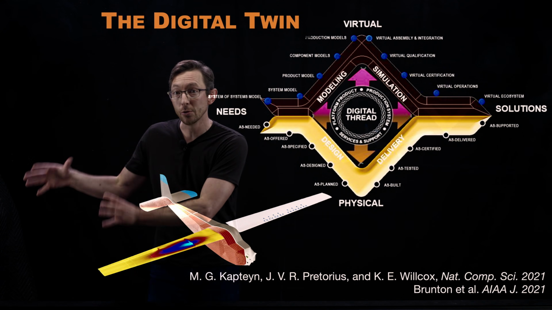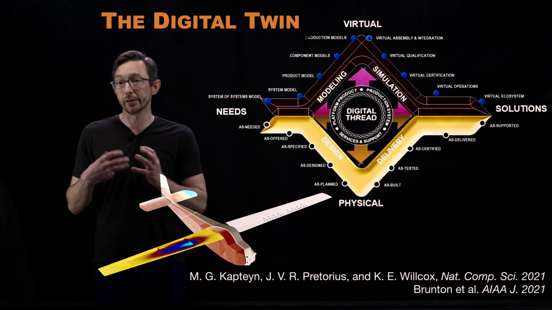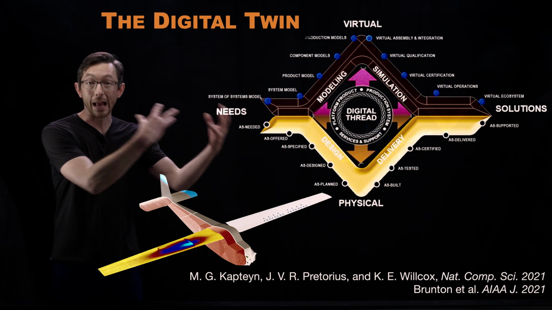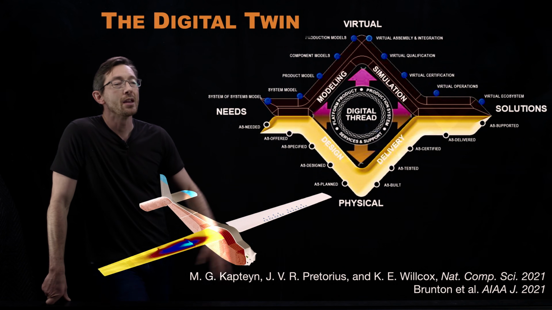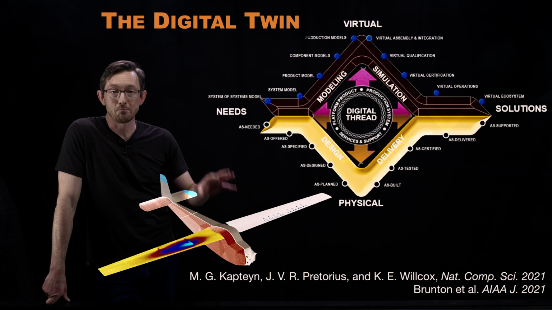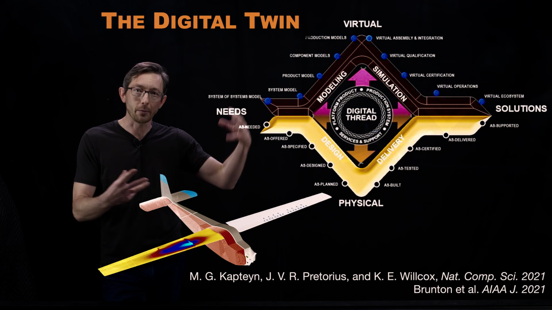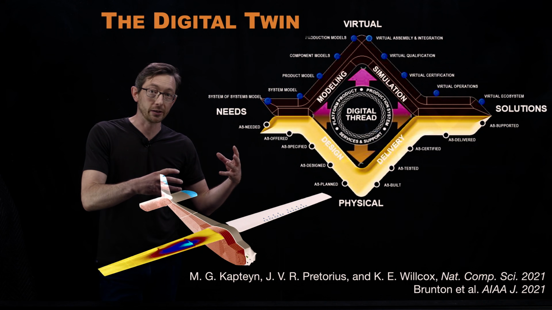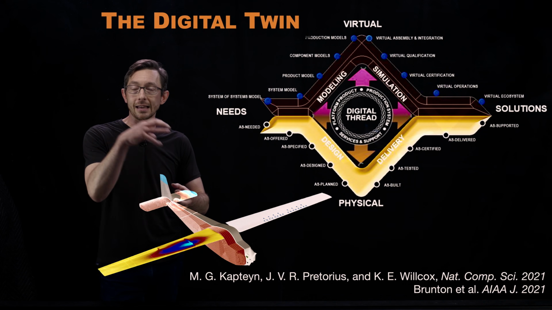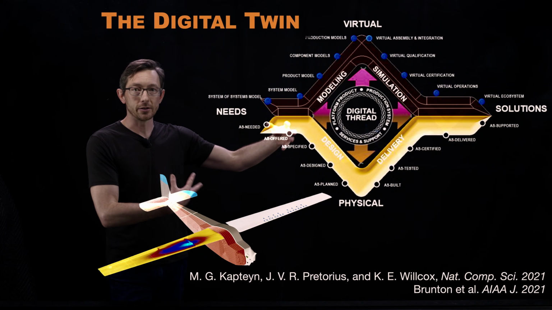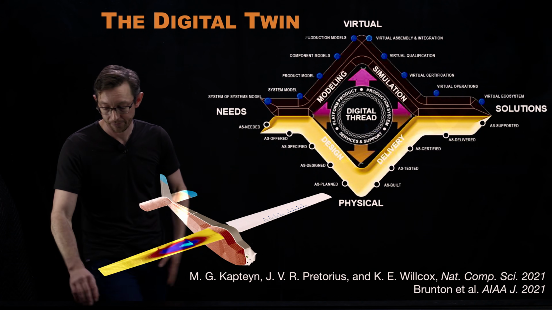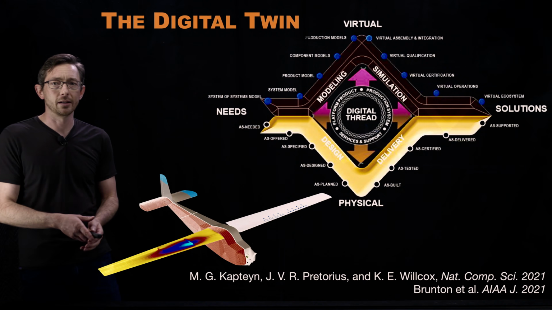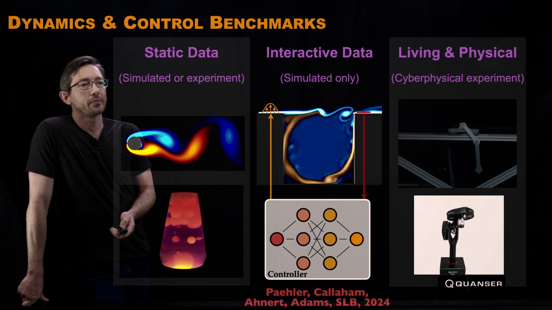But one of the most useful aspects of these physics-informed machine learning models is for engineering design and improving engineering processes. And the digital twin is one of our best new frameworks for incorporating machine learning models and physical models and data and using those models to design and optimize engineering systems. So again, we'll have a deeper dive on this.